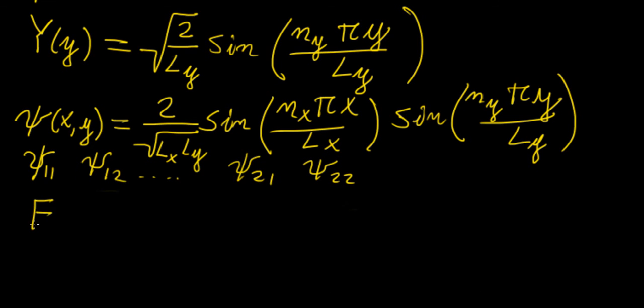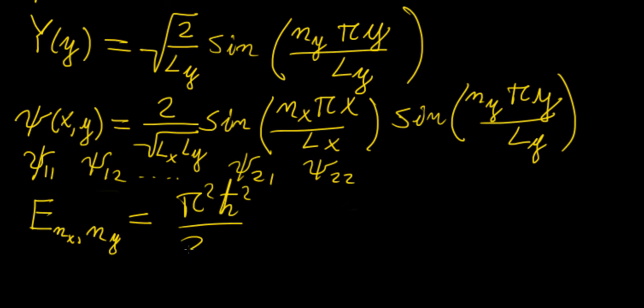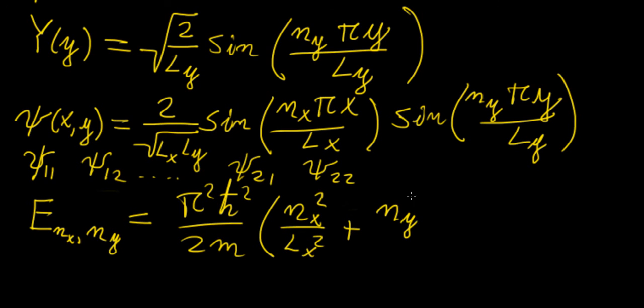We're going to have E of nx, ny, because remember we're going to have energy levels that correspond to each of these functions as well, equals the following. We're going to have pi squared Planck constant squared over 2m. Those terms do not actually change, but we're going to have nx squared over Lx squared plus ny squared over Ly squared.